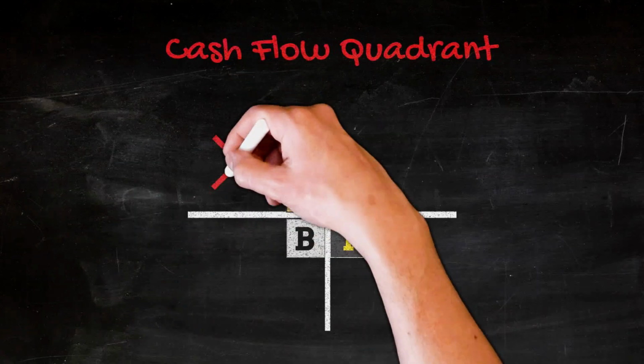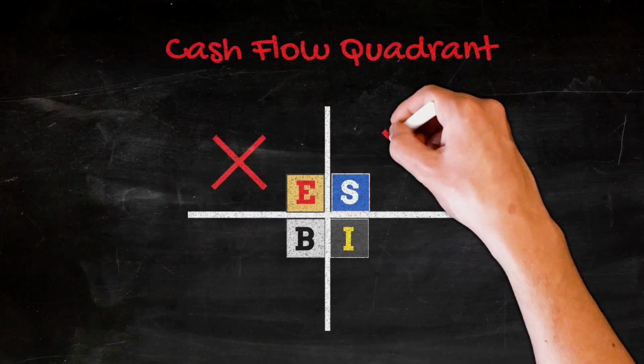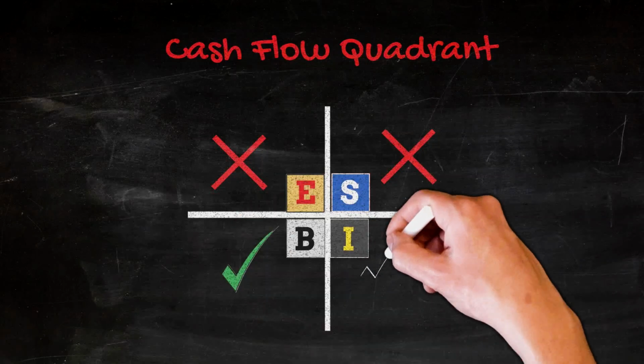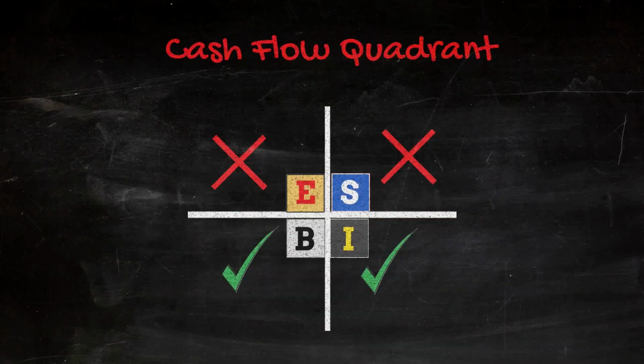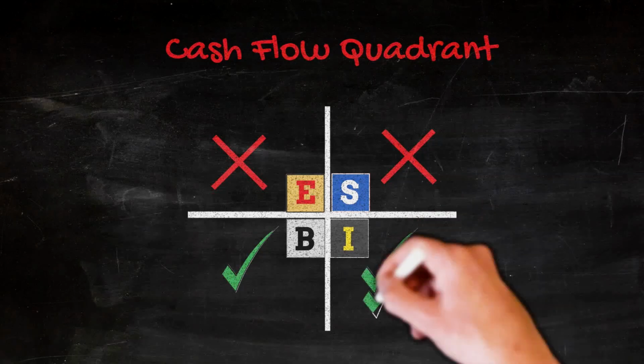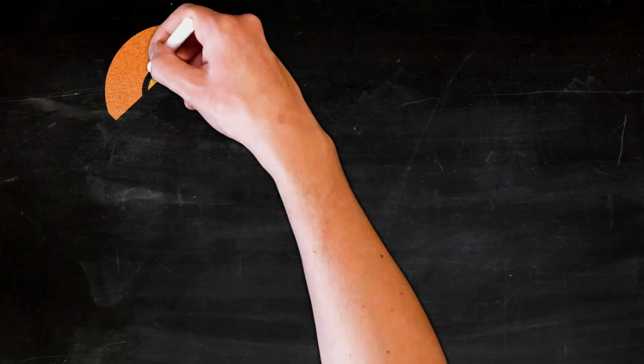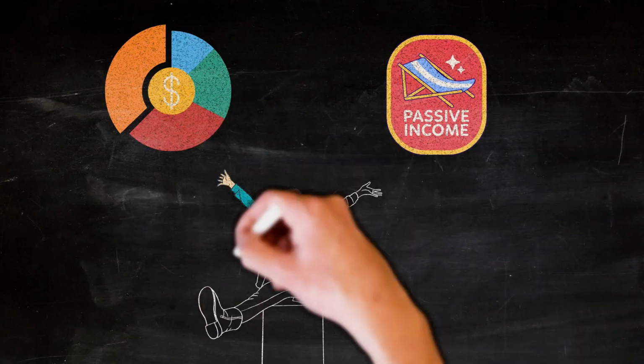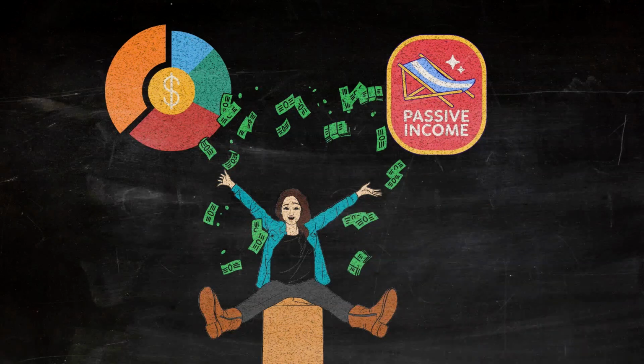The goal for everyone who seeks financial freedom should absolutely be to eventually leave the E and S quadrants and to end up in the B and I quadrants, and ultimately be entirely in the I quadrant. By diversifying your income streams and investing in assets that generate passive income, you can achieve financial freedom regardless of your current income level.